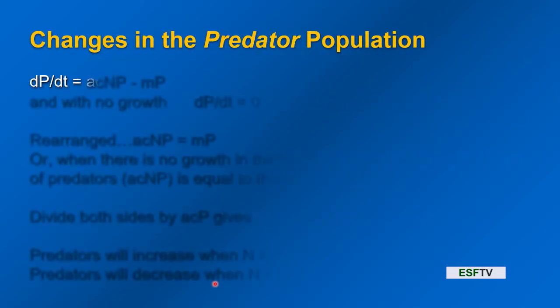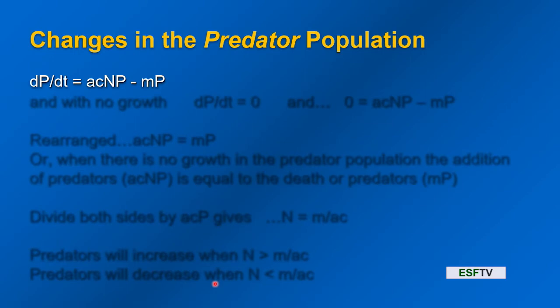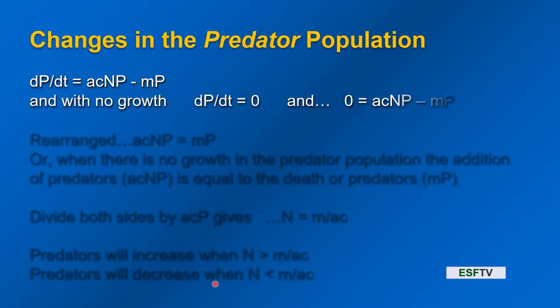Let's see. So same kind of thing, you can look at the equation, you set it to 0 growth, all right, and we can take the equation over here and say at 0 growth, ACNP minus MP equals 0. You could add MP to both sides, and now you have ACNP equals MP, as in here.